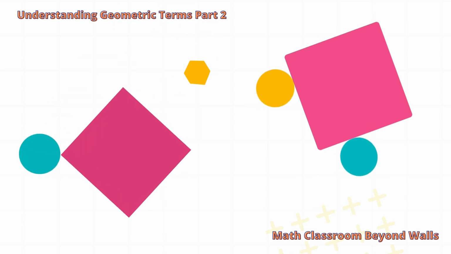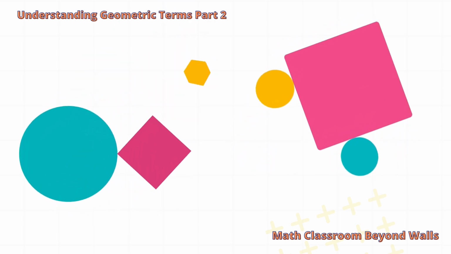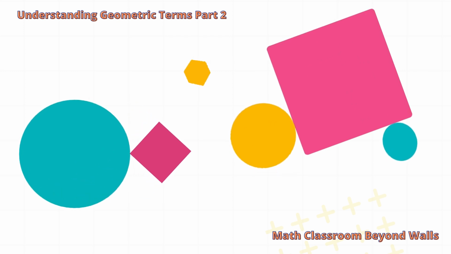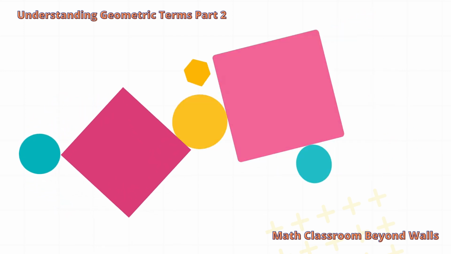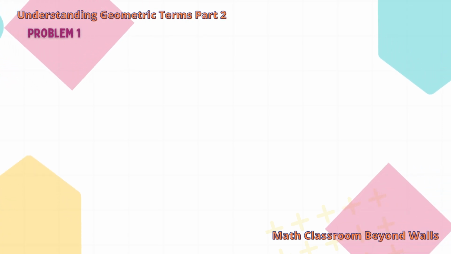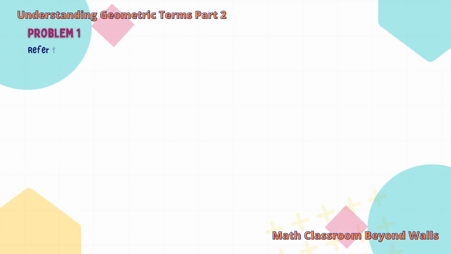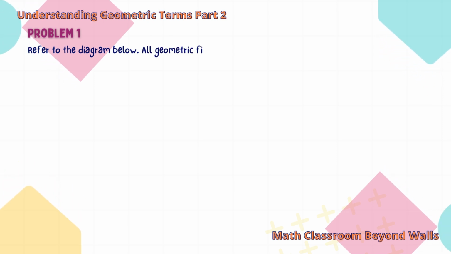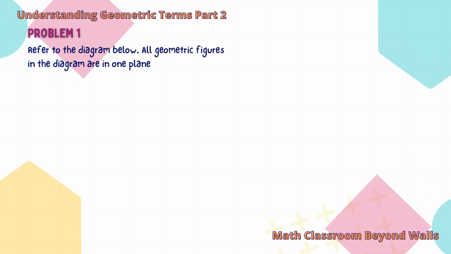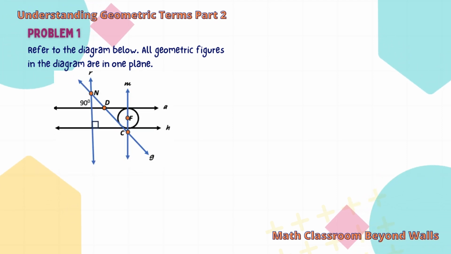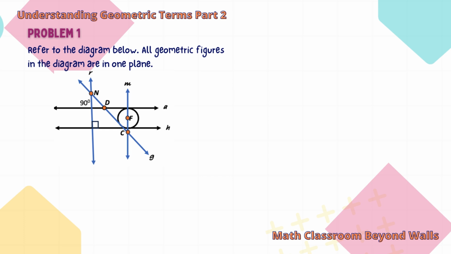Let us start by recalling the different geometric terms and their corresponding visual representations by jumping into this very first problem. Here's the problem. Refer to the diagram below. All geometric figures in the diagram are in one plane. So a diagram is given.